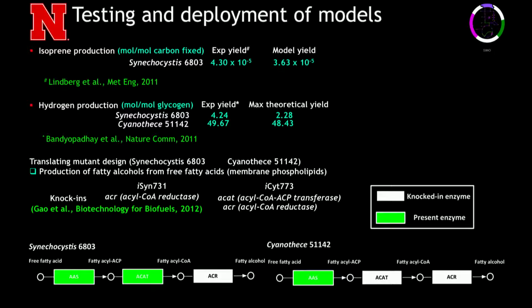The difference was that these steps are energy intensive. So, missing one step versus two steps will definitely affect the yield, right? If one is more energy intensive than the other, then when you maximize the production level, in one you will get more than the other, and that is logical. That kind of experiment you can definitely do very quickly in silico if you have a model. Any question?